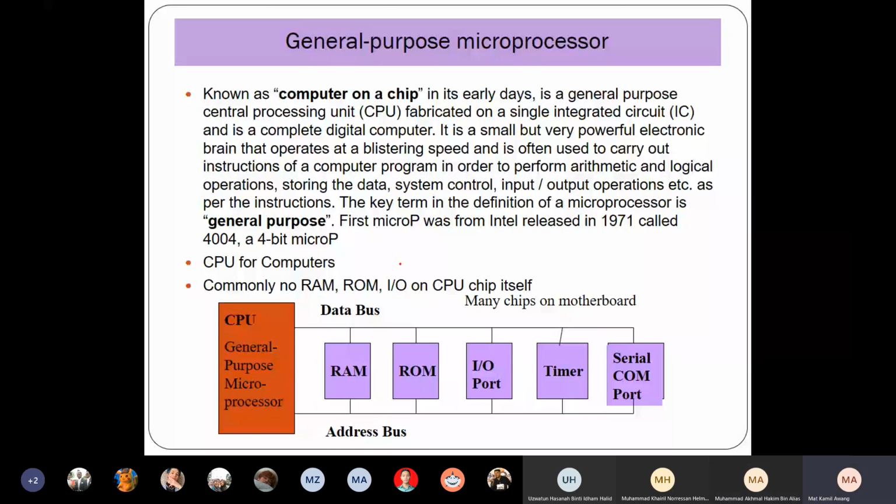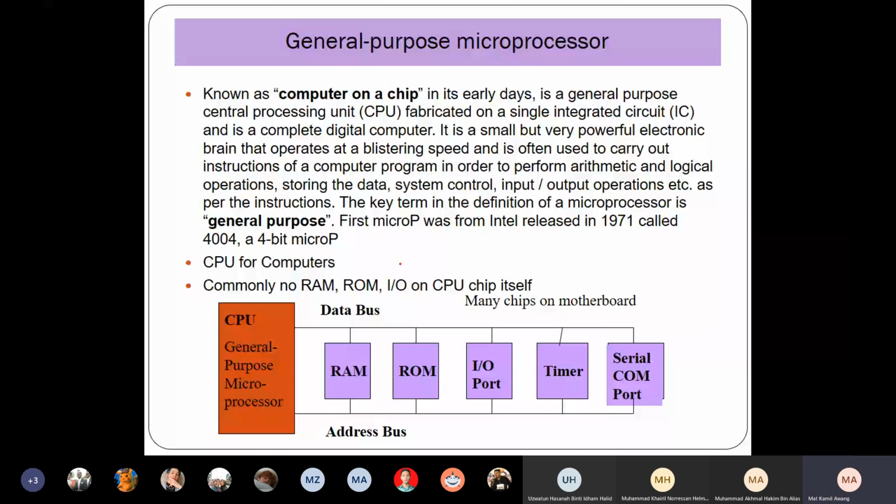It's a small but powerful electronic brain that operates at a blistering speed and is often used to carry out instructions of a computer program in order to perform arithmetic and logical operations, also to store data, systems control, and input and output operations as per the instruction. The key term in defining the microprocessor is that it's general purpose. It can be used on a wide range of applications. So that's why we call it general purpose microprocessor.